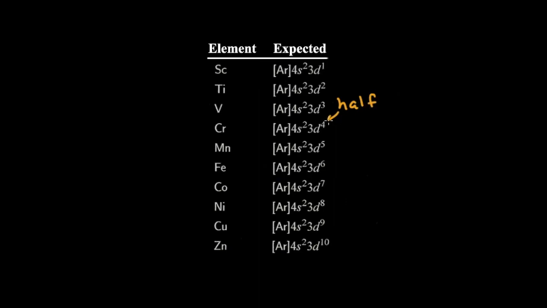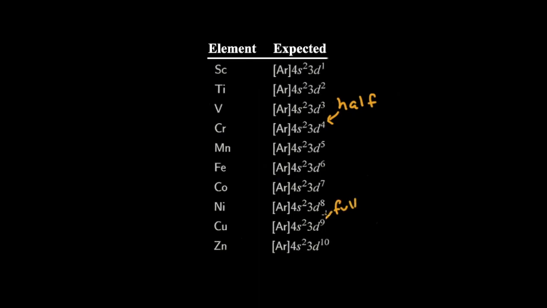So this one right here for the Cr is half full, and the same thing kind of applies to the Cu. We would have 4s2 3d9, but this 3d9 wants to be all the way full, so it will take an electron from the 4s2 right here and give it to this 3d9 to make it 3d10. So this one would like to be all the way full.